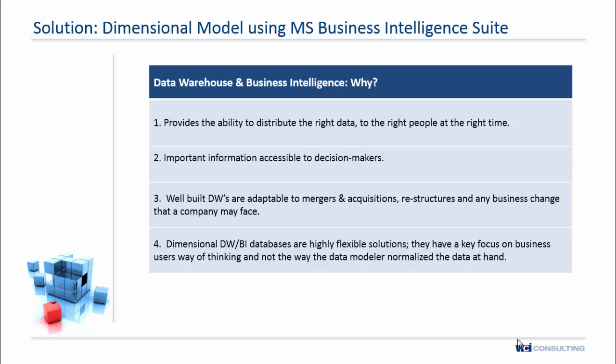When it's all said and done, with all the components put together, it will provide your company the ability to provide the right data to the right people at the right time. Decision makers don't always have real-time data in order to make decisions that impact their business.